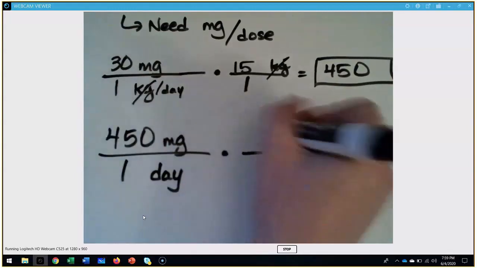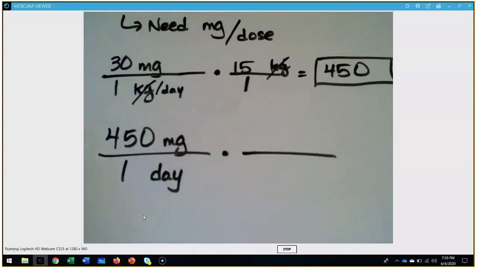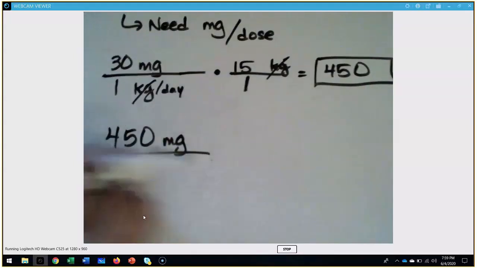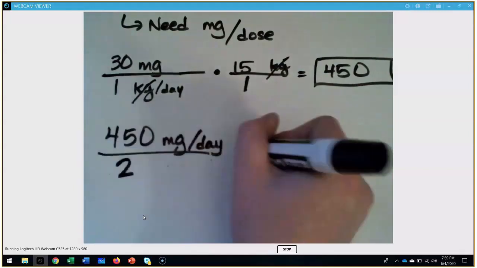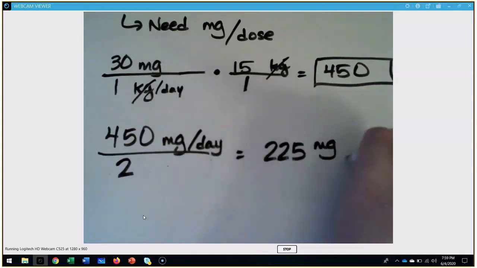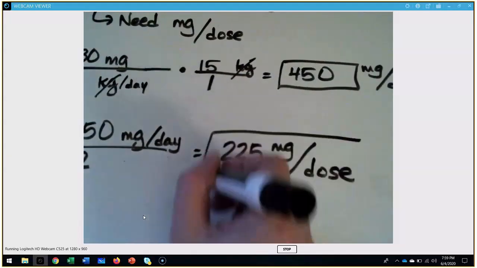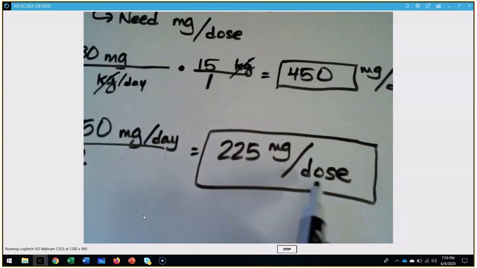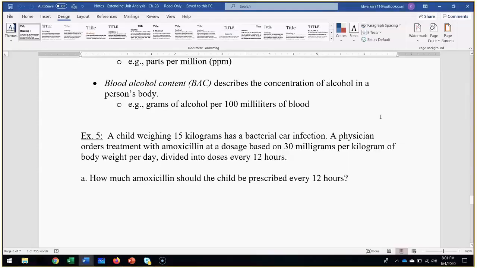I'm going to multiply it by the doses. So sorry, I'm going to divide it. What am I doing? So that will give me 225. Okay, there's my answer. That's what they asked for. That's what I've got. I know I'm good. I'm all right. Okay.